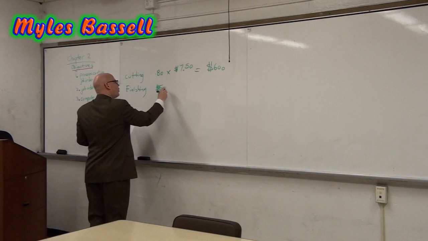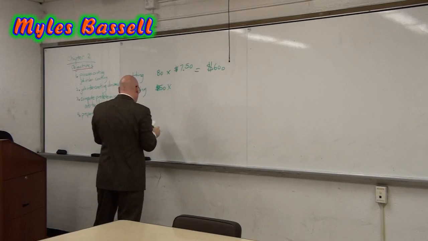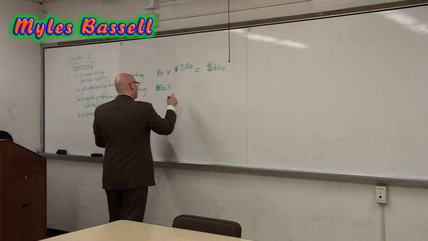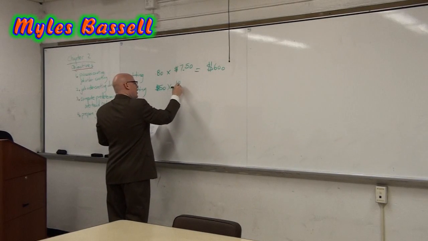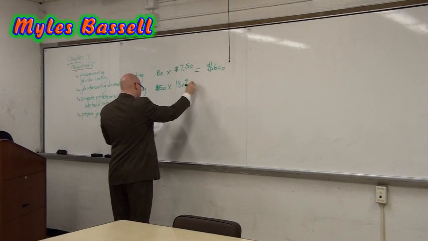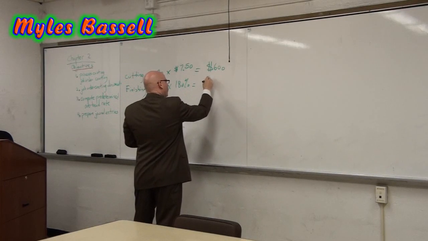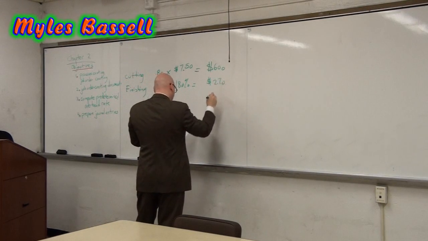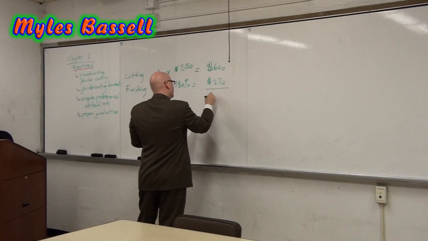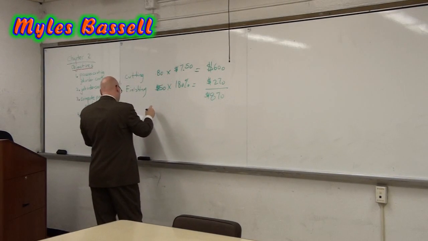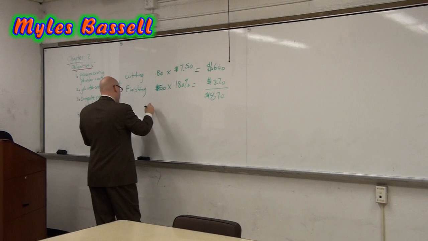So we multiply the 150 times the predetermined overhead rate, which is what? 180%. Which is $270. So the total manufacturing overhead applied is $870.